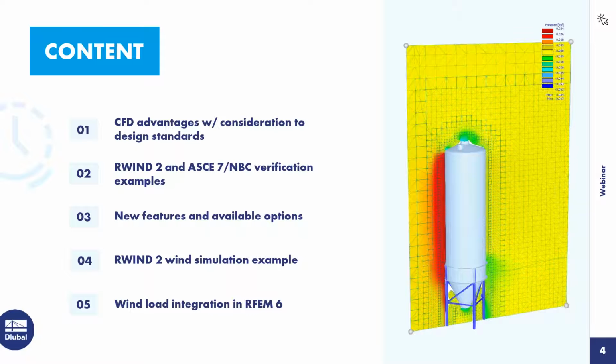We'll talk about some new features and available options that we have recently released in RWIND. And finally, the majority of our presentation today will be a wind simulation example utilizing RWIND for the silo structure that you see over here on the right-hand side. We'll take these wind loads and integrate them back into our FEA program RFEM, where you can carry out the full structural analysis and design.